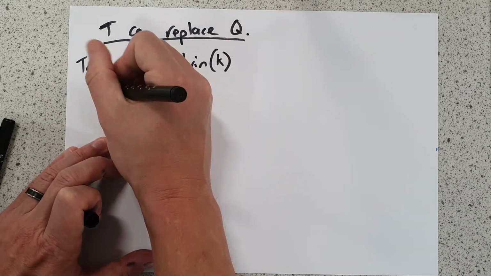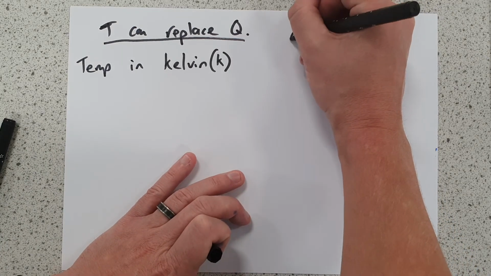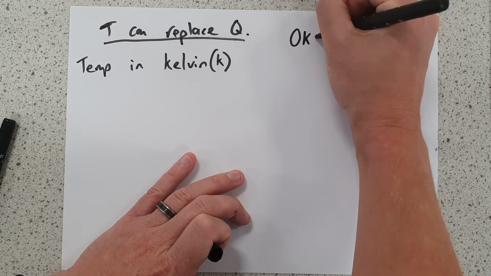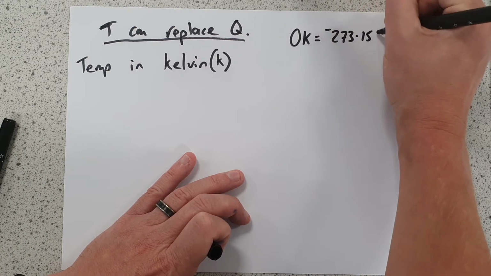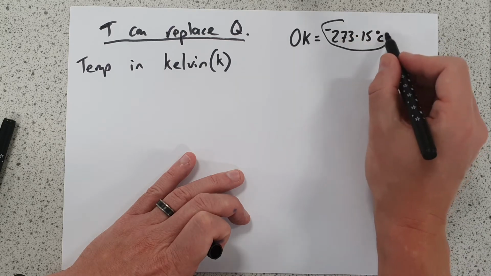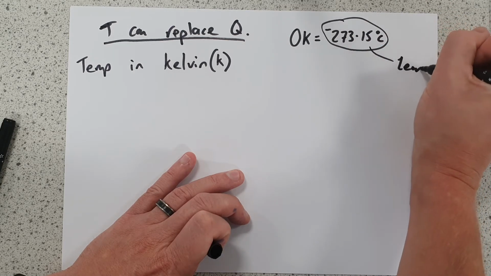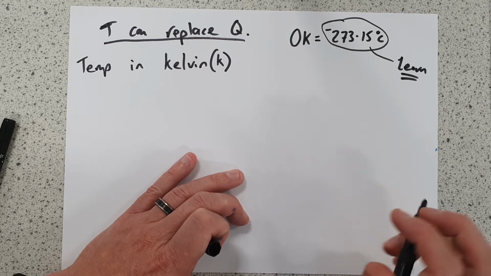Now, we know from our studies this week that 0 Kelvin, or absolute zero, is equal to minus 273.15 degrees Celsius. You need to learn that number. Okay, so learn that number there. You won't be given it necessarily in an exam.